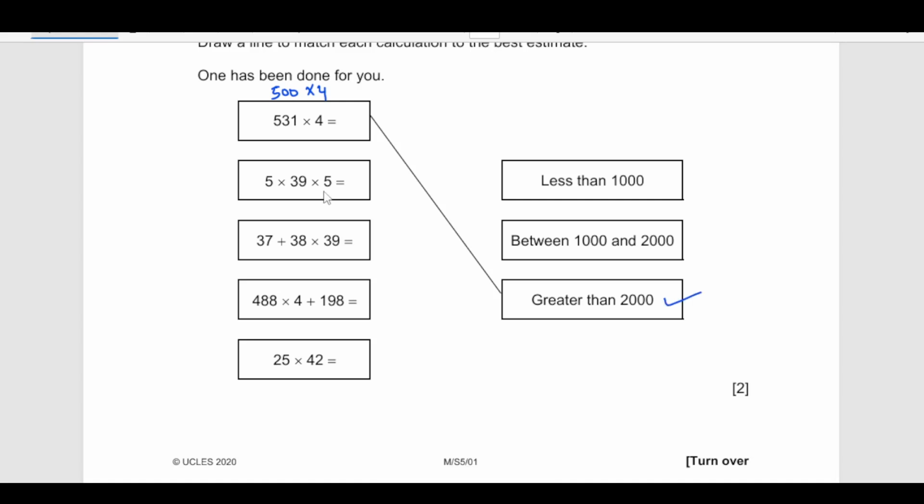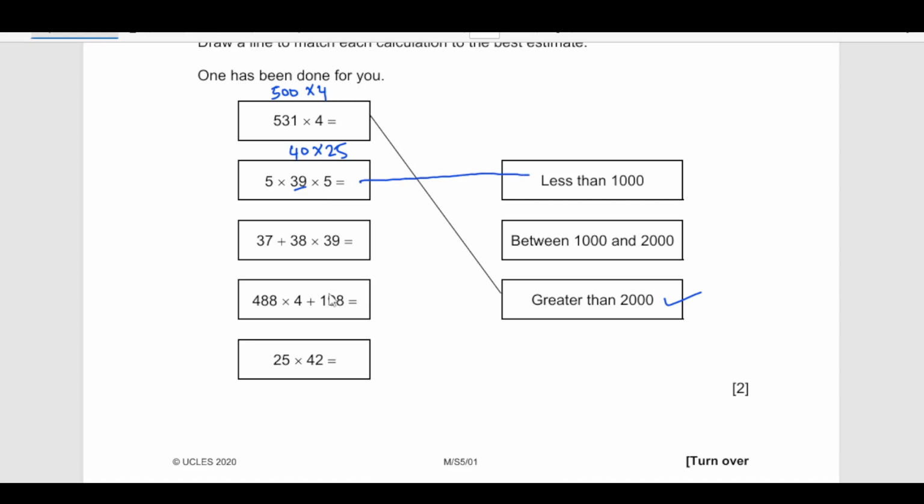Now, here this one is 39. So, if I make this 39 as 40, 40 times 5 times 5 is 25, 25 times 4 is 1000. So, that means this is going to be less than this one, because 39 I have approximated upward here. So, it is going to be less than 1000, right.